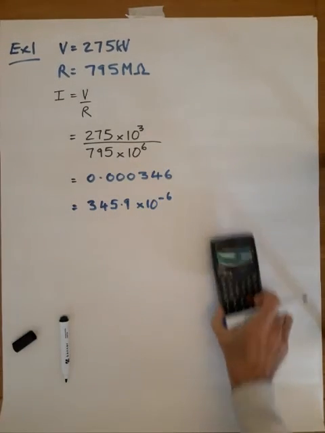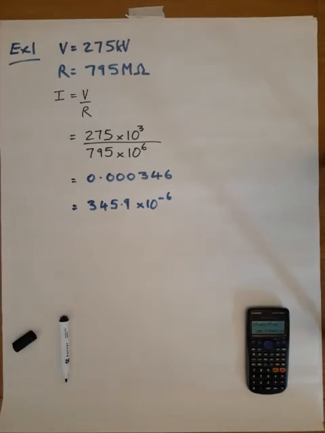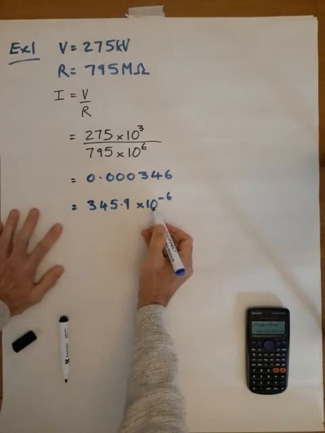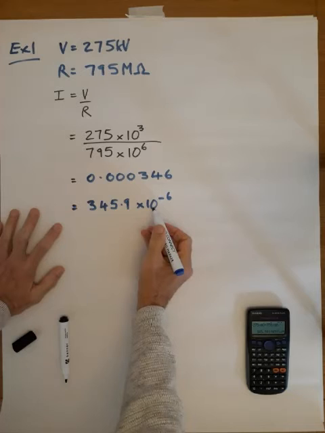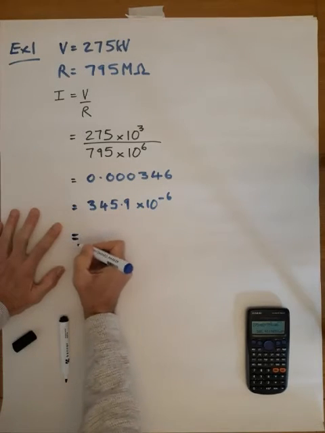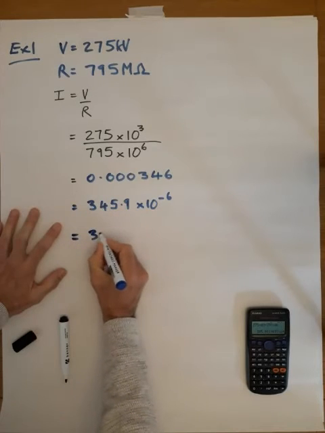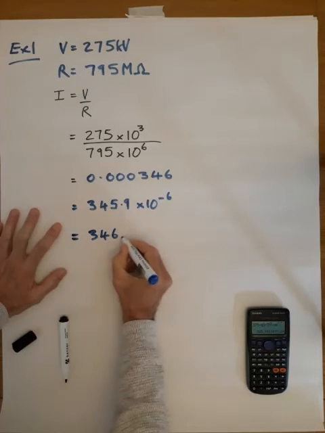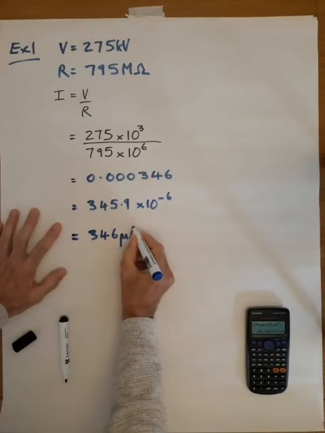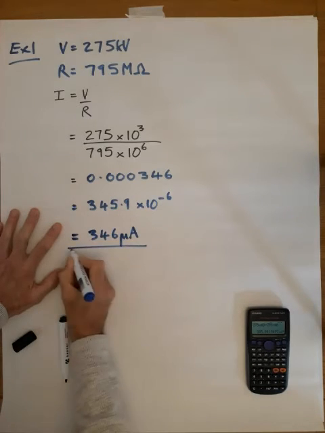That's times 10 to the minus 6, and 10 to the minus 6 is micro. So the current is, let's just round this up, 346 micro amps.